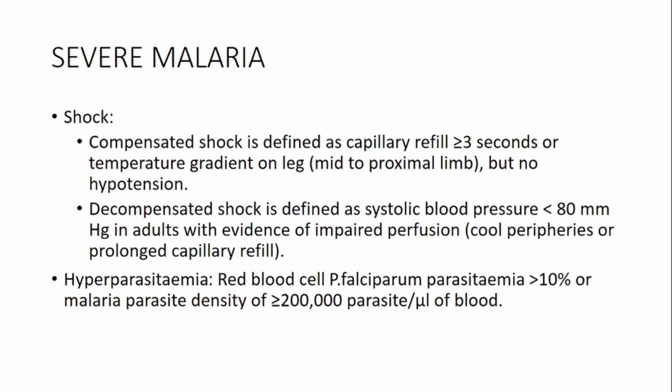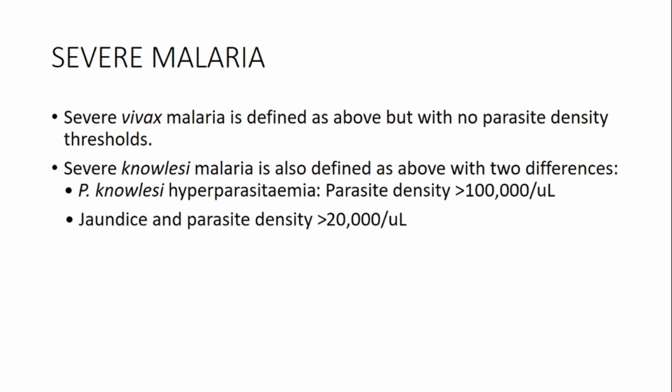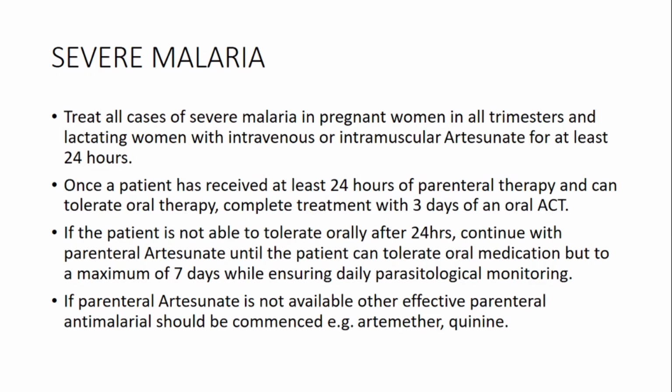And then on parasitological examination, the presence of hyperparasitemia, even in the absence of all those clinical signs, which is described as a parasite density of 200,000 or more parasites per microliter of blood, also confirms the diagnosis of severe malaria.